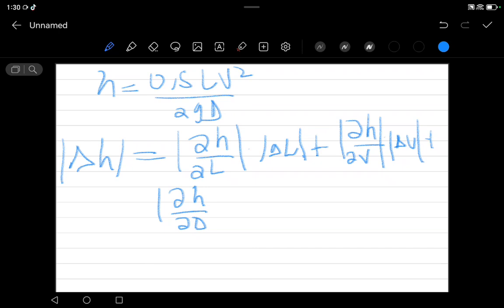Remember, G is gravity, it's 9.8, we have the value, it's given all the time. So we're going to use the variables only. It's L, V, D. So here's going to be D, multiplied by change in D. That's how we're going to write our equation.